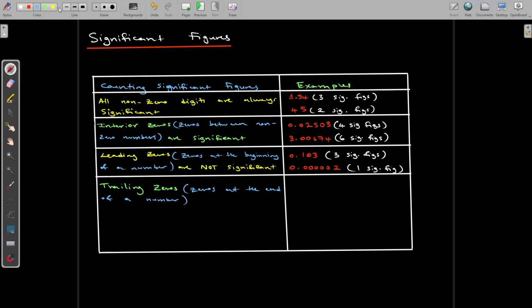So these are the conditions. Zeros at the end of a number are significant if and only if there is a decimal point present in the number.